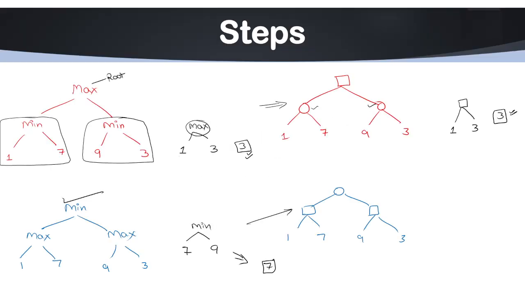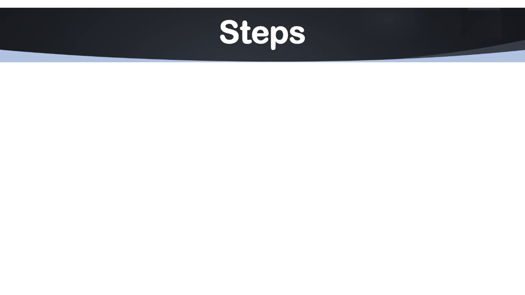One more point you have to remember here is the depth limit. Sometimes the game tree is too large, so we get a depth limit, right? We have a depth limit only under some particular conditions.